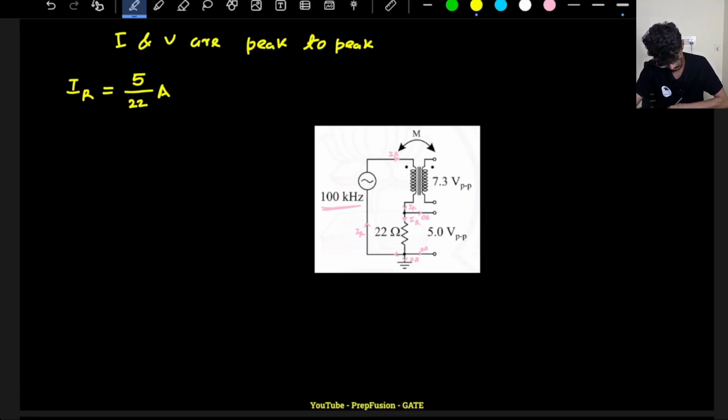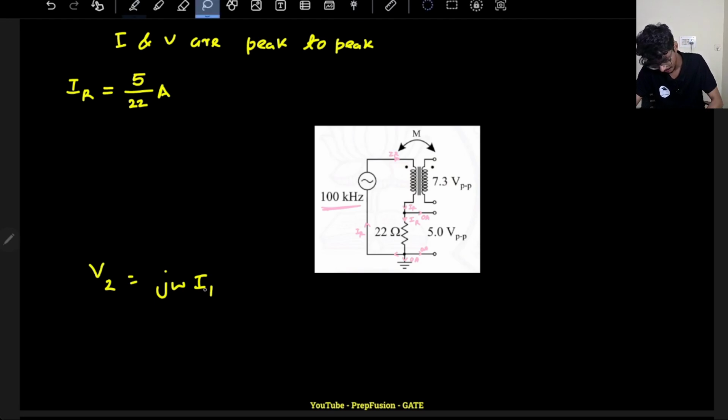This is like a mutual inductor. If some current is flowing in the primary of this coil, then some voltage will be induced in the secondary. And what is the equation for the voltage induced in the secondary? V2 will be equal to j omega into I1 into m, j omega m into I1, right?